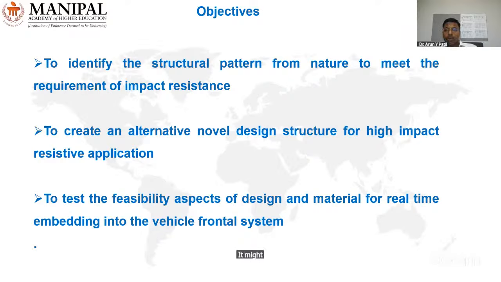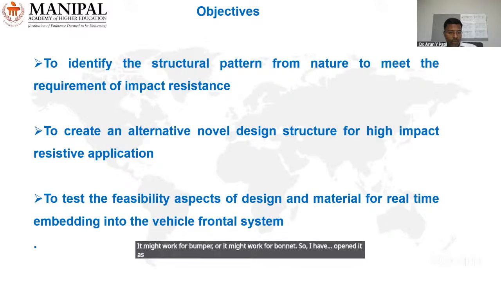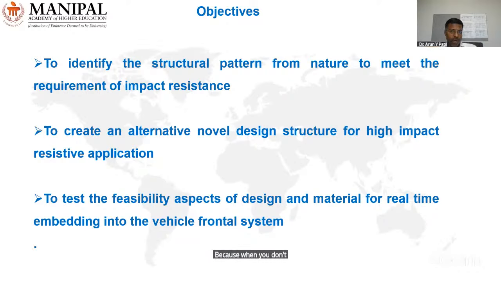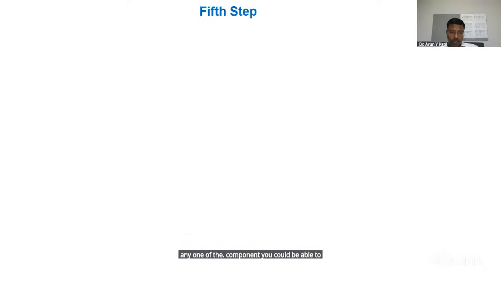It might work for bumper or it might work for bonnet. So I have opened it as a generic statement. This is a strategy which you have to choose, because when you don't know upfront, you have to quote it such that you could justify any one of the components.